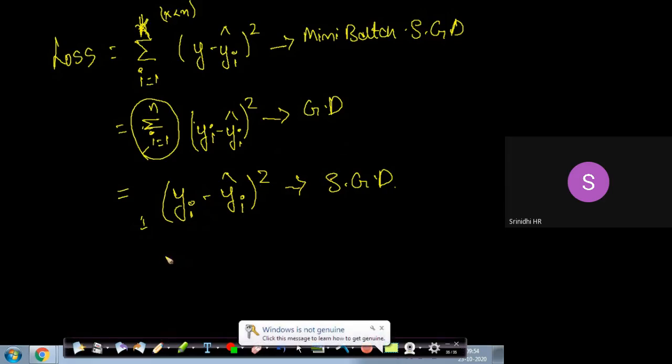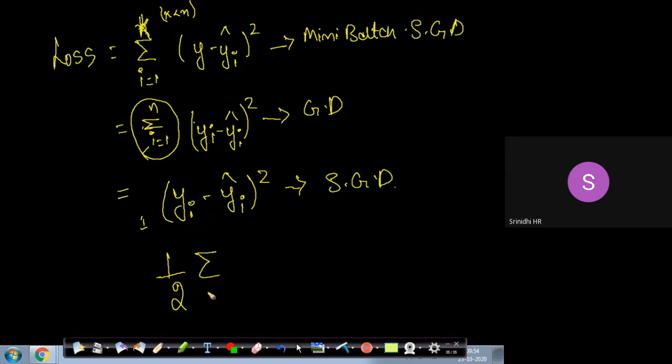If you observe the textbook, he has given half, 1 by 2, into summation of i equal to 1 to n of yi minus yi cap whole square. It is equal to this, so there is no change. Please go through the textbook once.